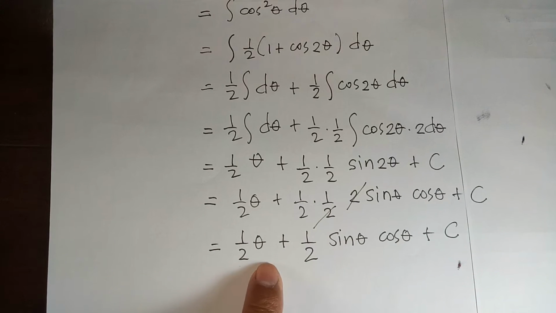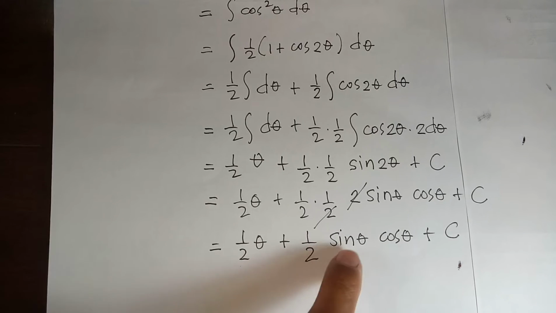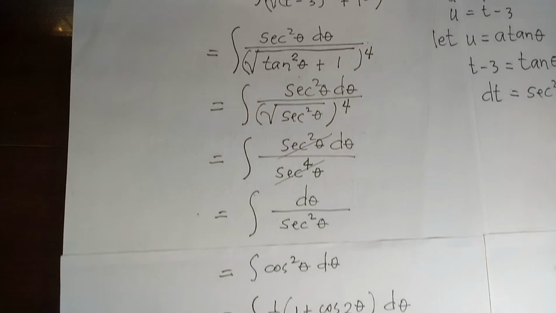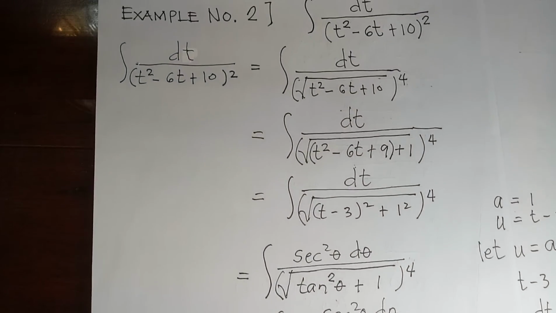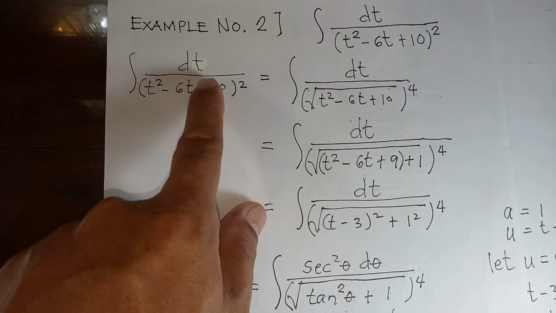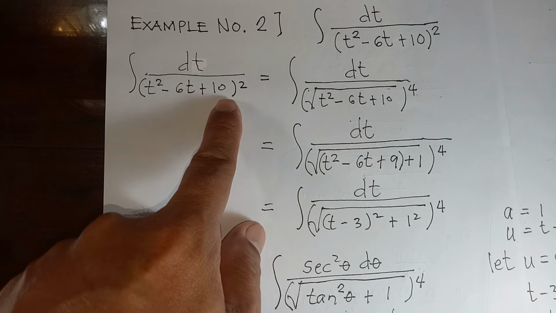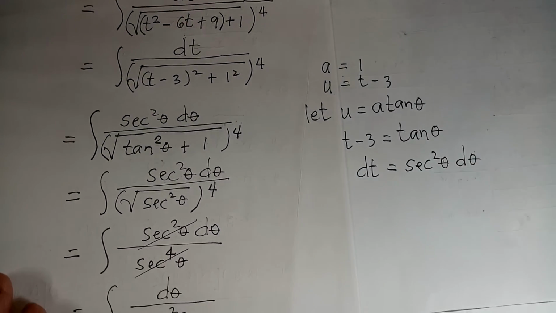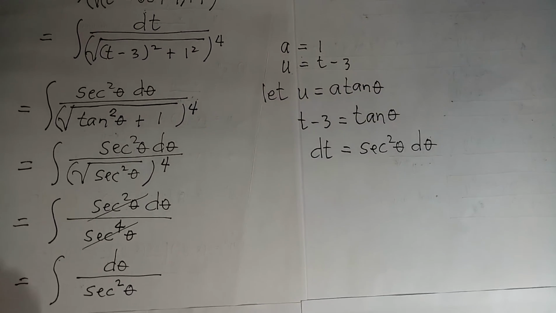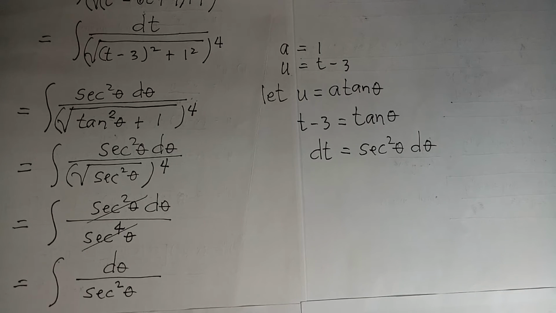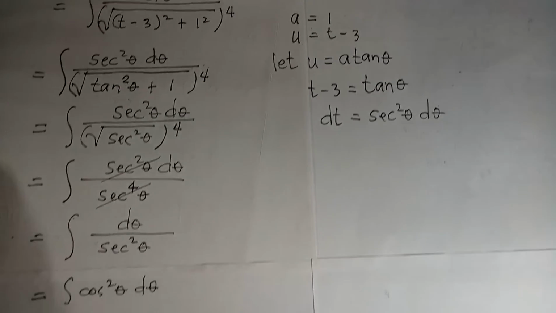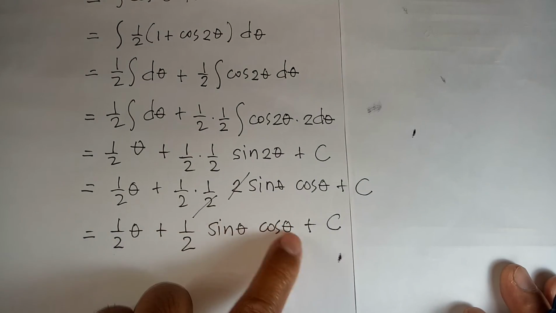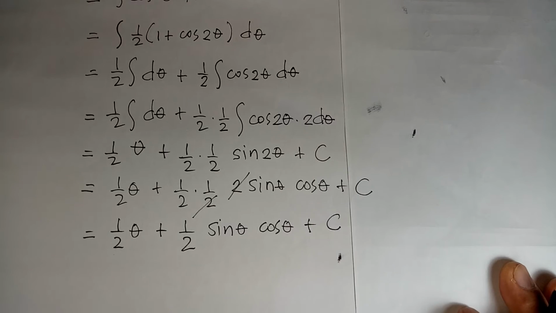Ang gagawin natin, hanapin natin yung equivalent niyan in terms of t, dahil ang problem natin ay in terms of t. Yan yung ating problem: integral of dt divided by t squared minus 6t plus 10 squared. So, babalik tayo dito sa ating substitution para makita natin ang equivalent ng theta, ng sine theta at ng cosine theta in terms of t.